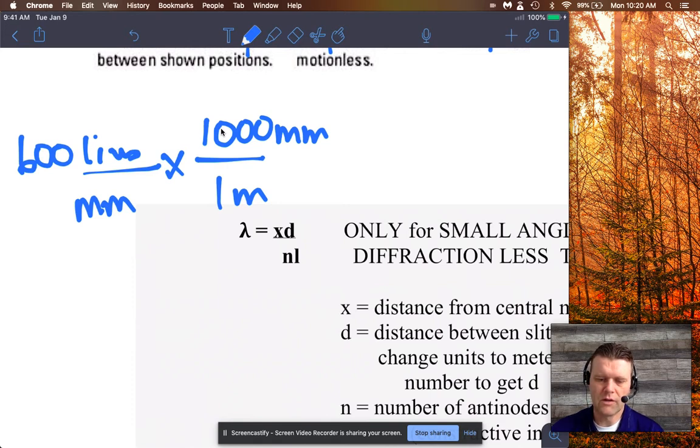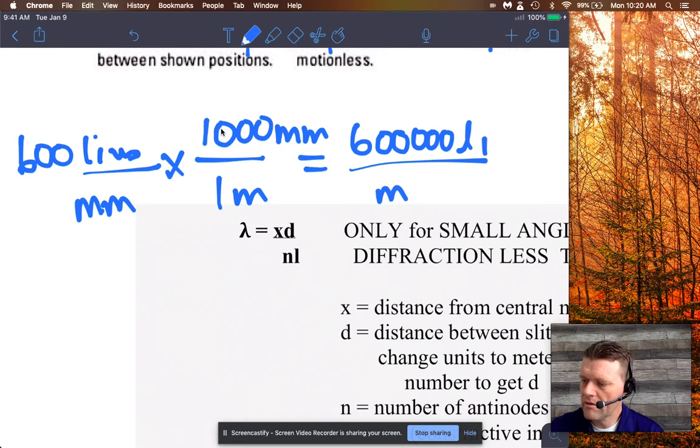So obviously we'd go 600 times 1,000, and we get basically 600,000. But now we would need to reciprocate that. Oh, sorry, wait. That would be lines per meter. And then if we reciprocate that, we get meters per line.